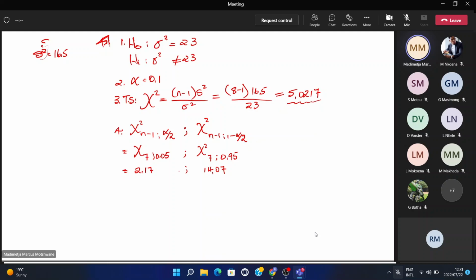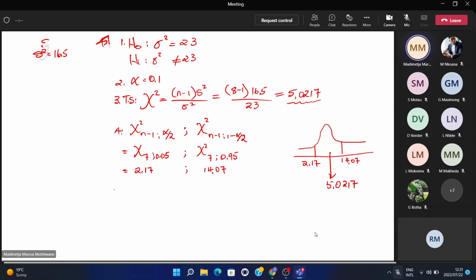Right. Now you want to see where 5.0217 is falling in this interval. We can have the distribution with 2.17 and 14.07, and you can see 5.0217 is falling in between.